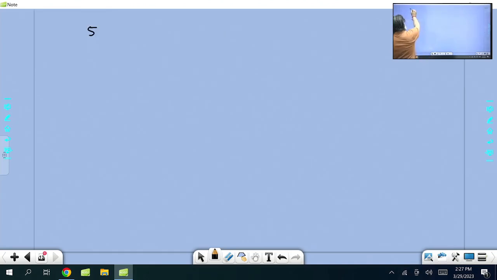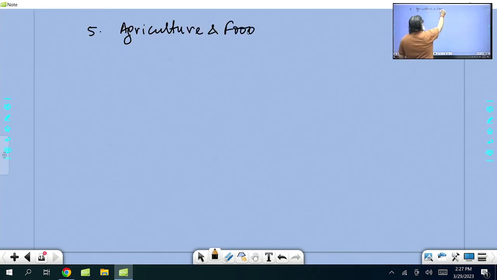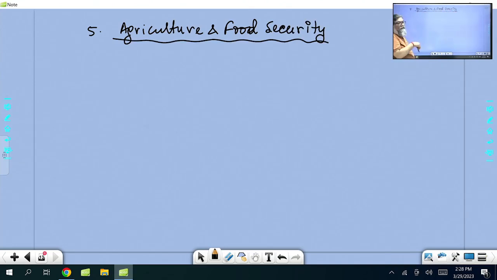If you look at here, agriculture and food security. Already UN is warning that there is a food scarcity worldwide because of climate change impact. Even water, available water scarcity. That is also linked with global warming, climate change.